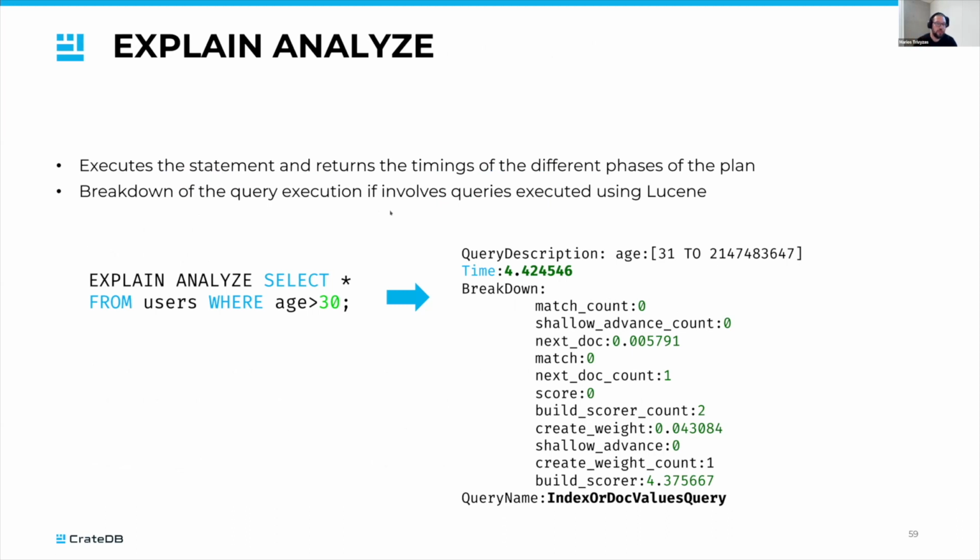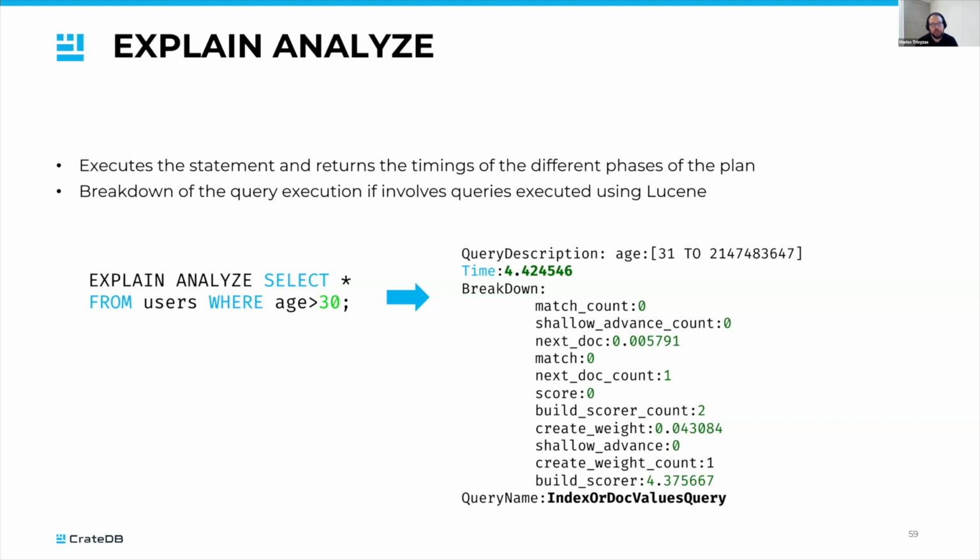So if someone wants to dive deeper than the logical plan, and in some cases you need to do so, you need to get back the actual execution plan of a query. In order to do that, you need to prefix your query with the keywords EXPLAIN ANALYZE.